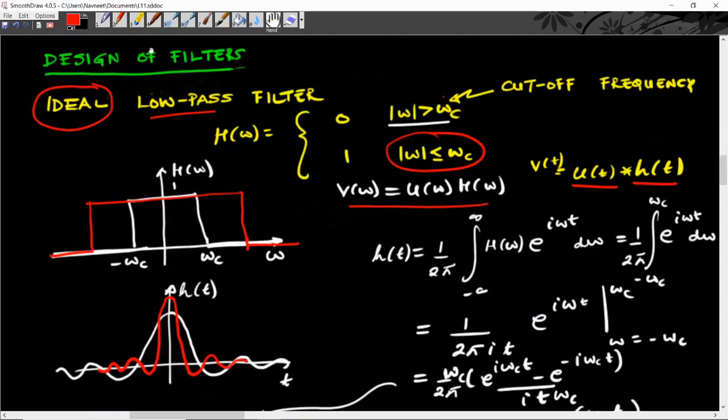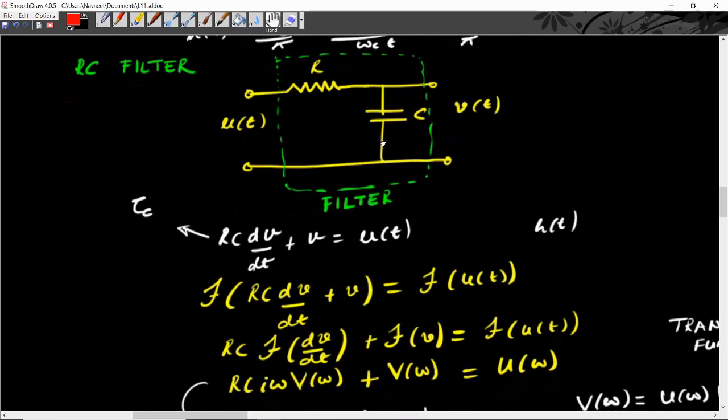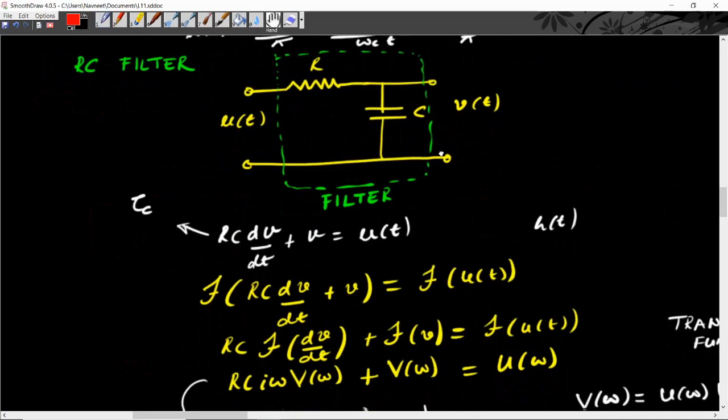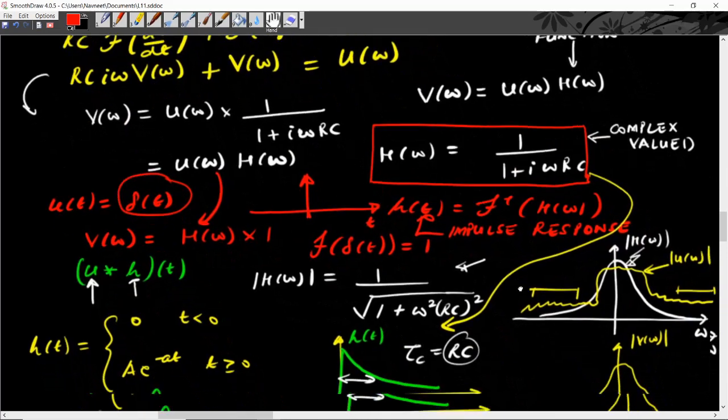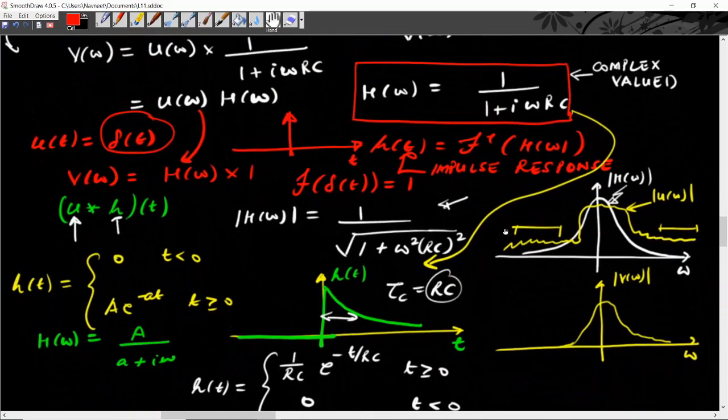And we've looked at the example of an ideal low-pass filter where the transfer function cuts off the high frequencies having magnitude greater than the cutoff frequency. And we've also looked at a practical example of a low-pass filter, that is an RC filter, where such sharp cutoff is not possible, and instead we have a gradually decreasing transfer function with frequency.